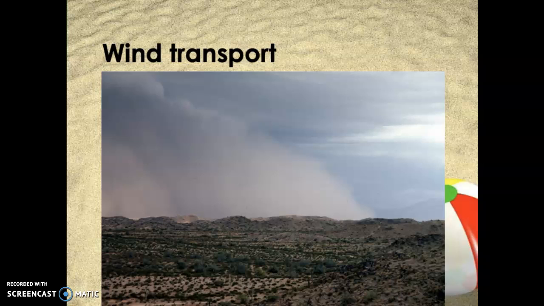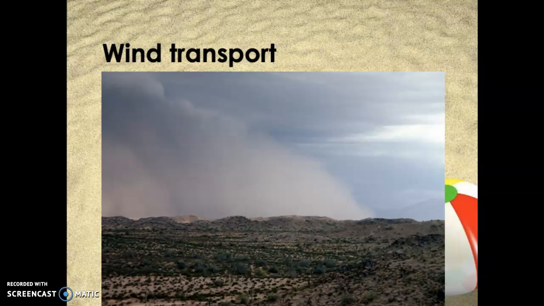Dust from the Sahara Desert, because of the prevailing wind direction from east to west at that latitude, ends up in the Caribbean. It ends up in South America. That dust helps fertilize the Amazon rainforest. And it ends up even in Mexico and the southern United States.